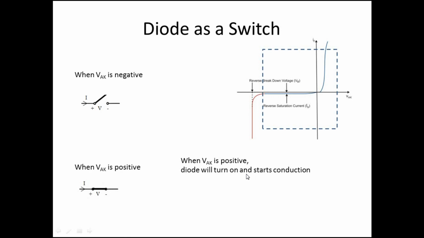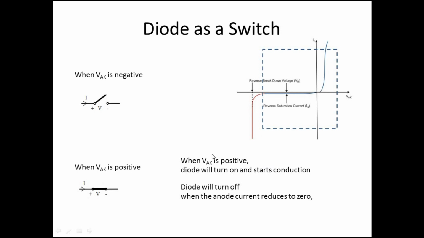Okay, it is in turn on position when VAK is positive, the forward bias condition, and once the diode starts conduction, it will turn off when the anode current reduces to 0. Okay, so when VAK is positive, diode will conduct, and diode will turn off when the current reduces to 0.